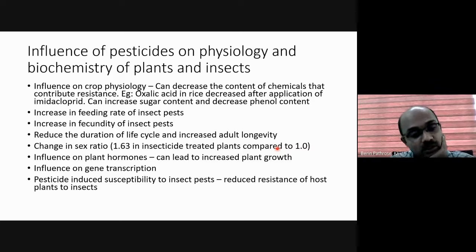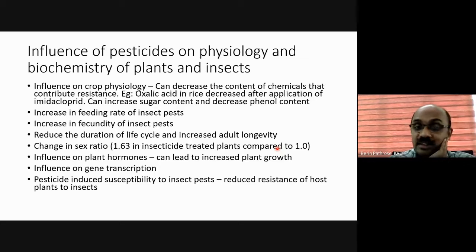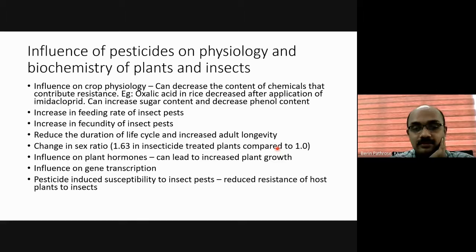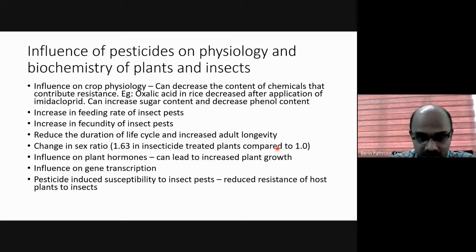Not only imidacloprid, these neonicotinoids have some impact on the physiology of plants. It even affects the third trophic level, that means the predators and parasitoids.